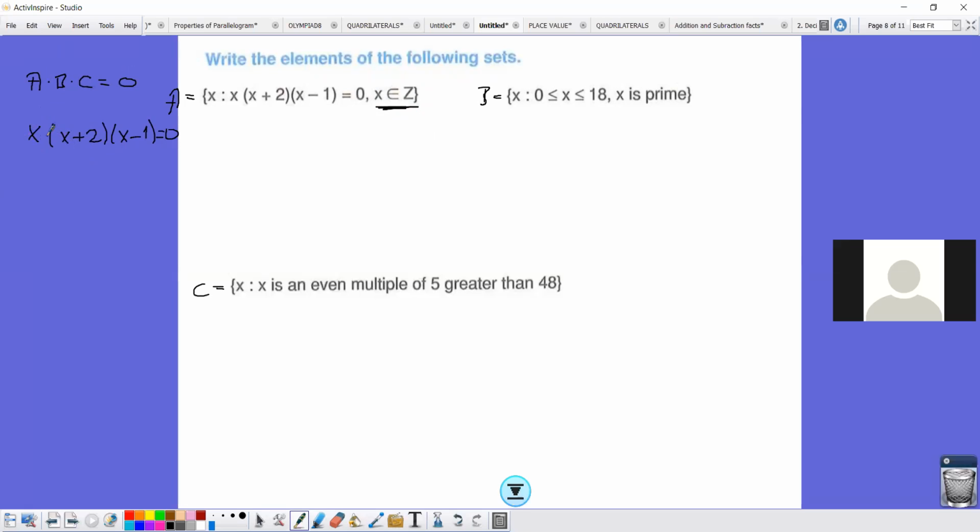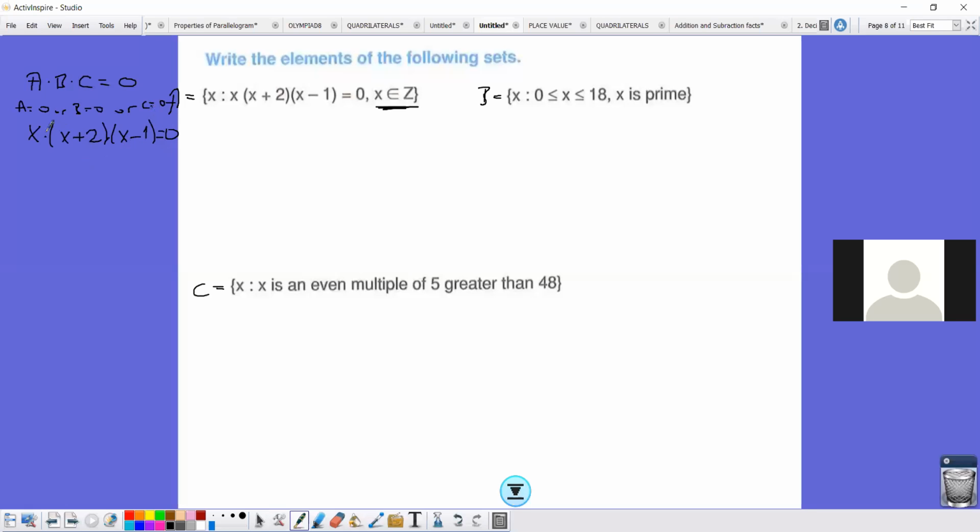We have multiplication between them. So if you have multiplication of 3 numbers and the result is 0, it can be only in which case? If A is 0, or B is 0, or C is 0, yes?